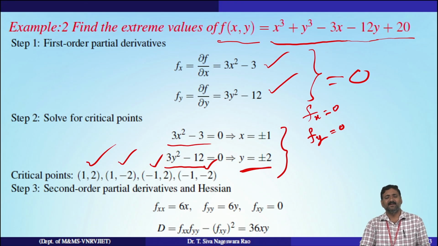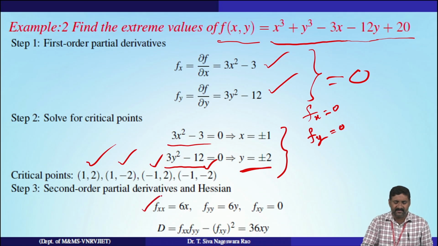Now our aim is to decide at these 4 critical points whether the function will have maxima or minima or neither maxima nor minima. If you want to decide it, first of all you need to identify second order partial derivatives. What are the second order partial derivatives? fxx, fyy, fxy.